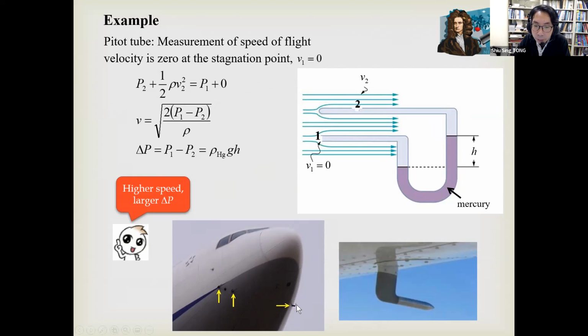Imagine this small tube pointing out, and we just draw a simplified diagram of the tube. This is the point of the tube, the part pointing out. A real one will not be so simple, but we draw a simplified diagram to represent it.